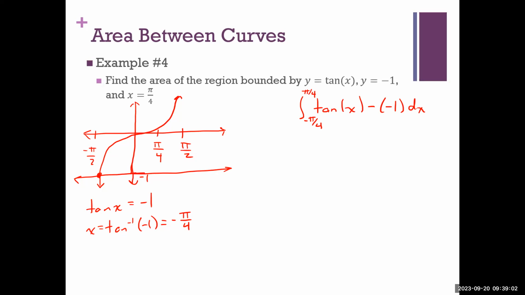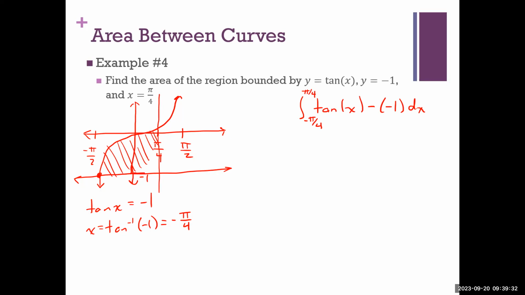Based on the way our region is described, I don't think 7 pi over 4 could be another bound of this. So we have another line to graph, and that's this vertical one at x equals pi over 4. So now I have this fully enclosed region.